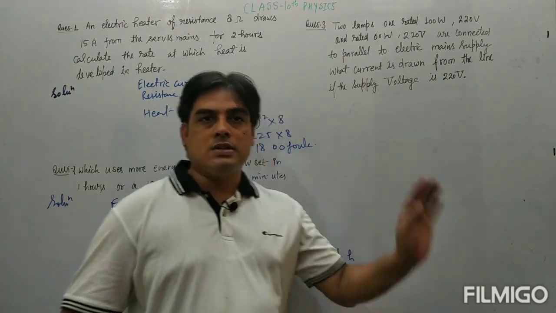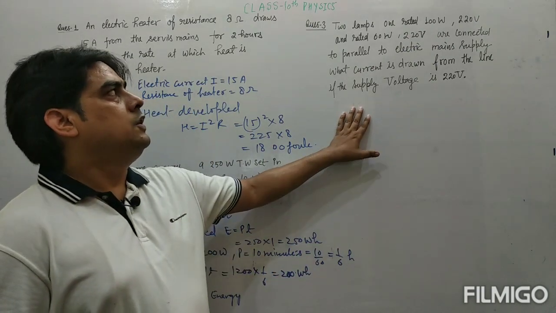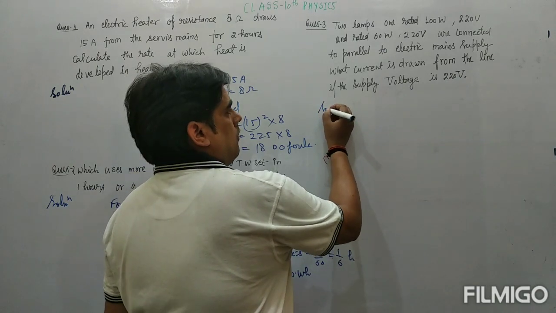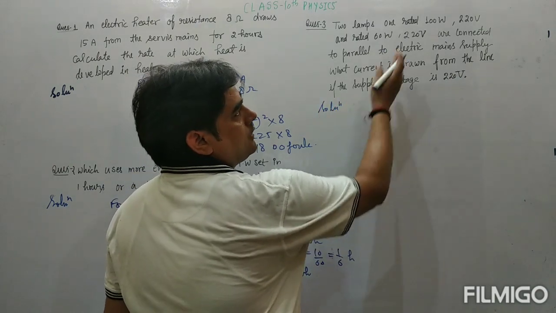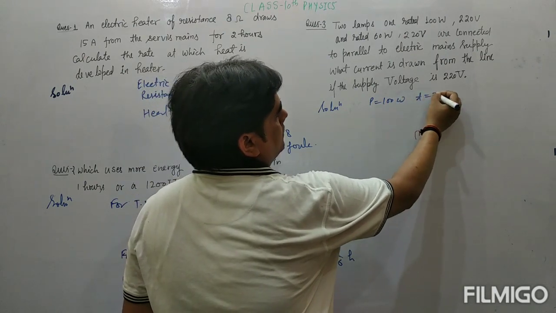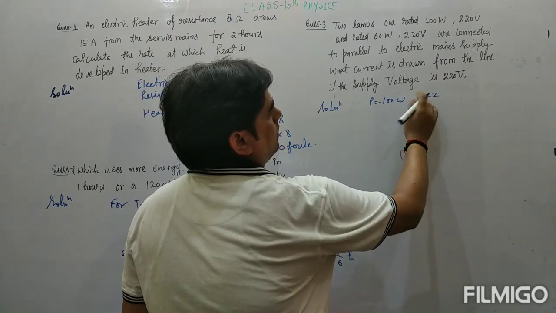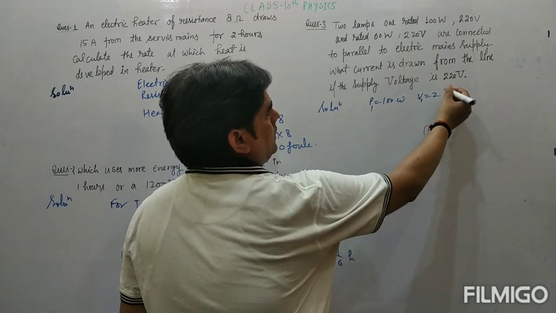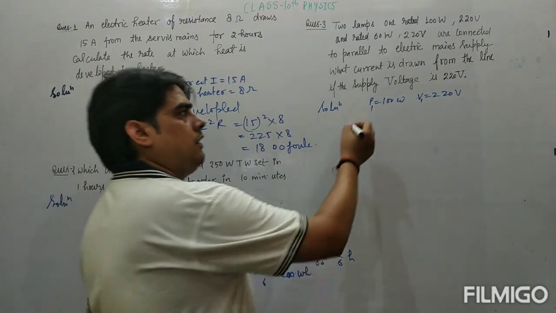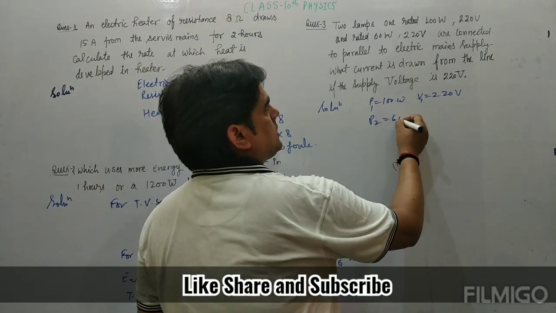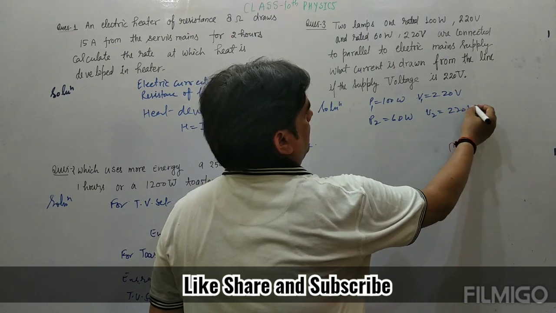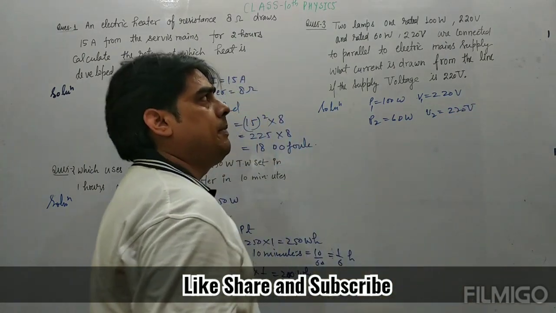Now we are moving towards the third numerical problem. Two lamps, one rated P1 is equal to 100 watt and V1 is 220 volt, the other rated P2 is 60 watt and V2 is 220 volt, are connected in parallel.